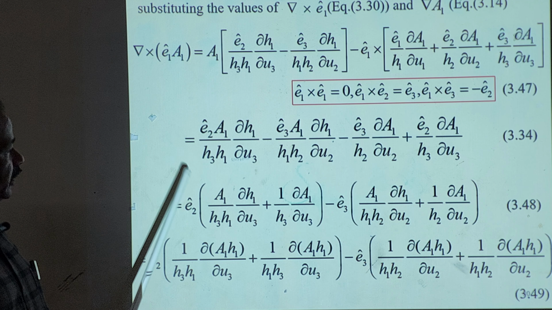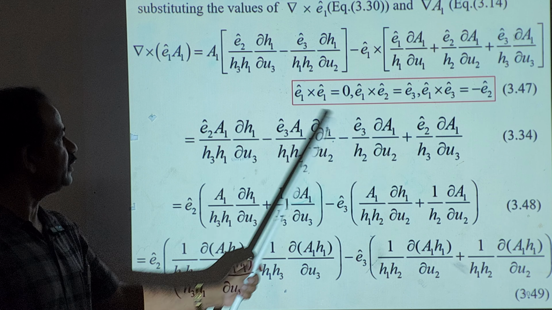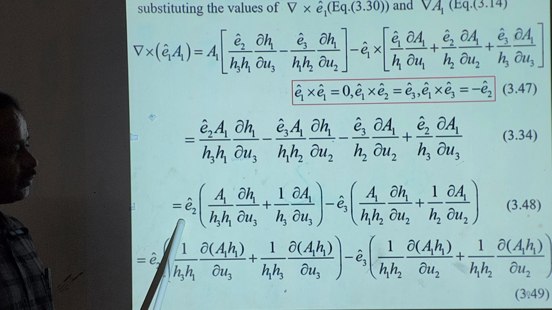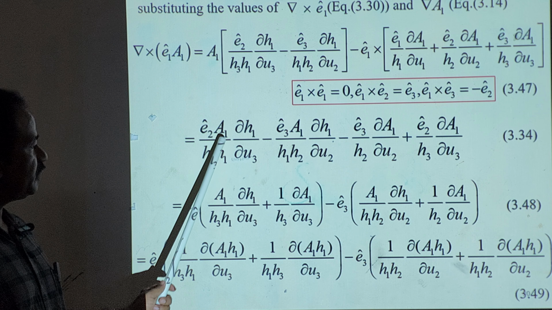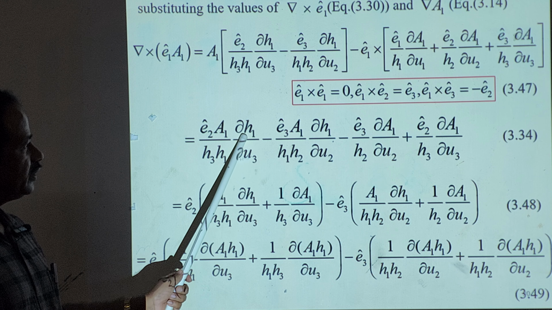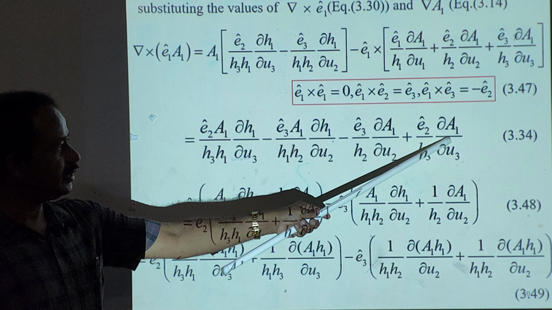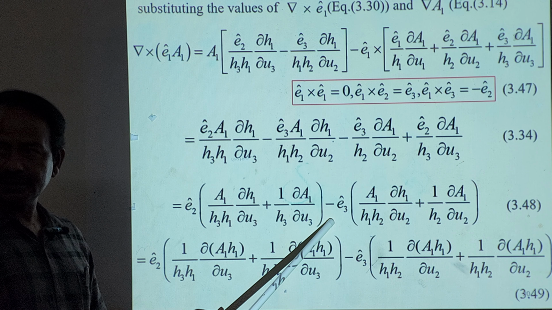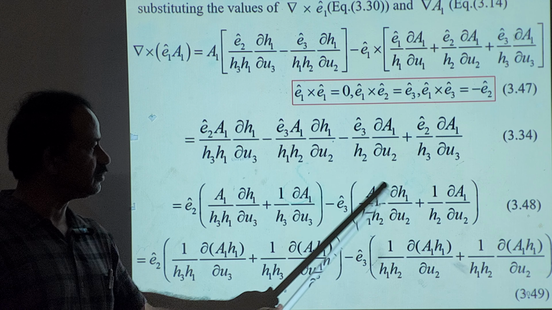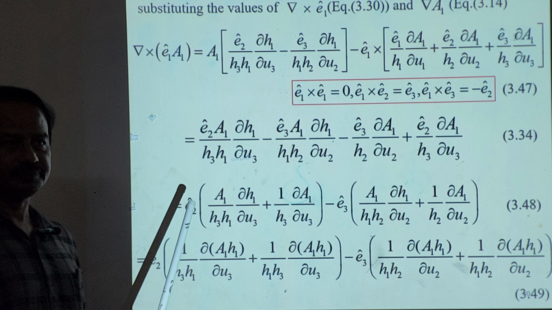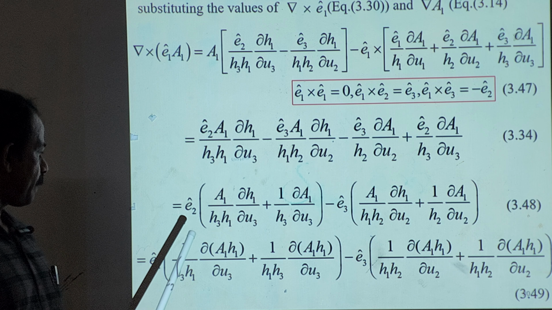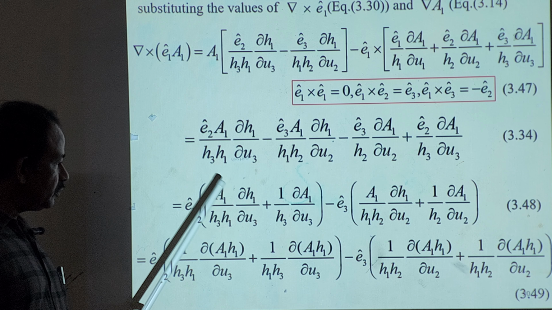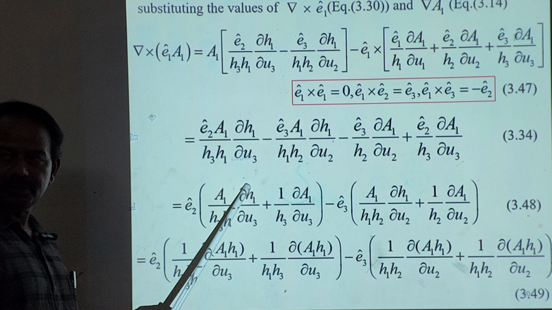Now you can pull E2 out. See, E2 is here, here also E2. So we have E2 common. So we have A1 divided by H3 H1 dH1 by du3, and here dA1 by du3, and pull E3 out. So you can write this one and this one taking the minus sign as common. Now just bring this A1 inside.